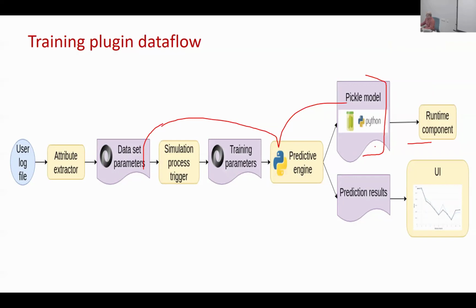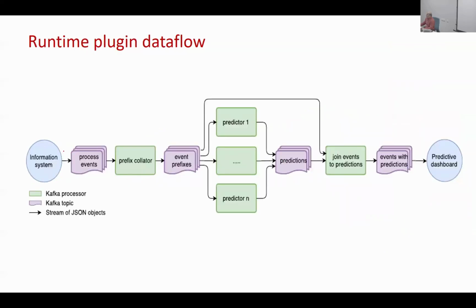And then you can feed it into a runtime component. When the runtime component receives an event, it puts it through a so-called prefix collector, which correlates it with a prefix. The resulting prefix is given to one or more predictors. One of these predictors might predict the remaining time, another one the outcome. These predictors generate predictions that are then joined and used to produce a predictive dashboard.